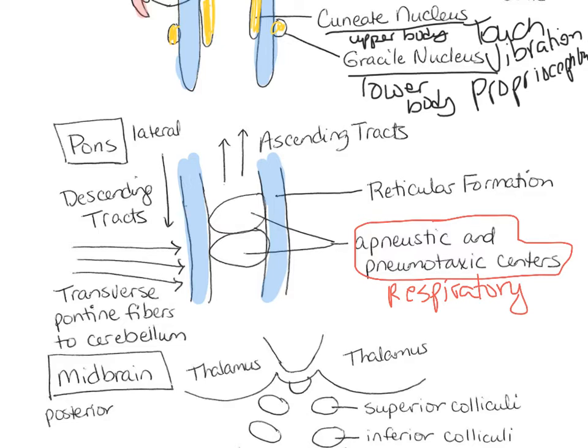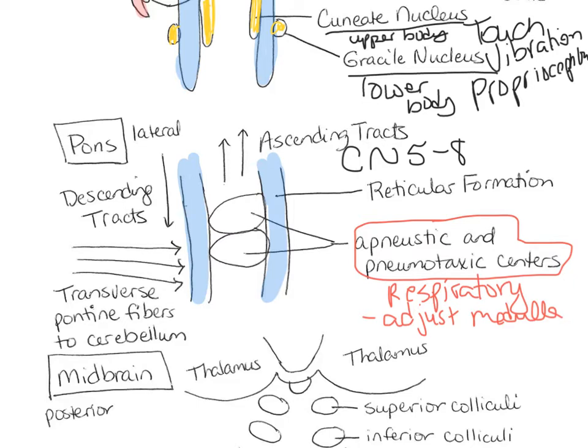That's their job, to adjust the respiratory centers in the medulla. There's also cranial nerves coming off of the pons, cranial nerves 5 through 8. And in addition to that, there's cerebellar nuclei, and then there are Pontine Fibers.